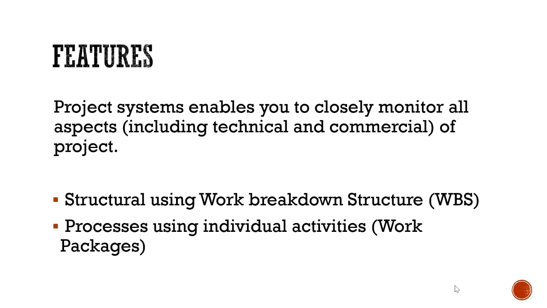Mostly, as I already told, structure-wise we will be using the work breakdown structure, which is WBS, and process-wise we'll be using individual activities, work packages. These are the two types that we use. Mostly it will be WBS, but in some cases it could be work packages also. These are the two ways that we can design the project, and the two ways that we can use for monitoring.